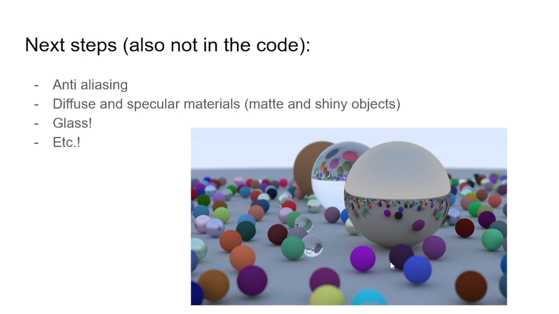Diffuse is basically that it's going to bounce equally in every direction once it hits the sphere, and that's an averaging of the color that comes off when it hits the sphere. And since everything's averaged, it makes things look mellow and flat. Specular materials are like this metal ball where you have a highlight here. It doesn't necessarily have to have a reflection. Glass is glass, and pretty much it.